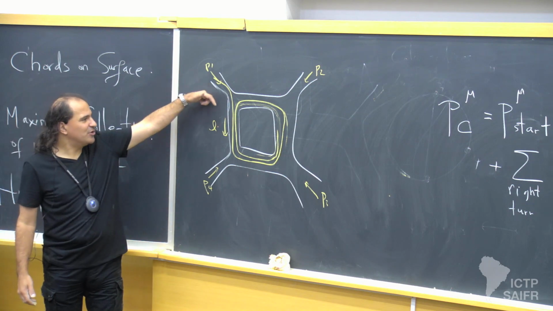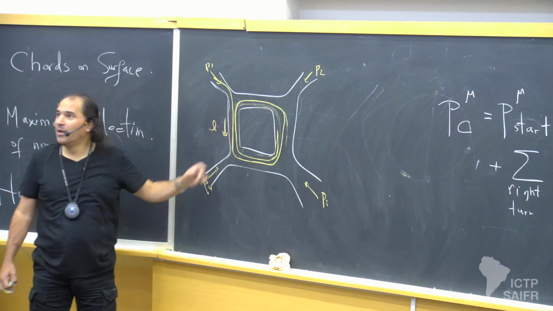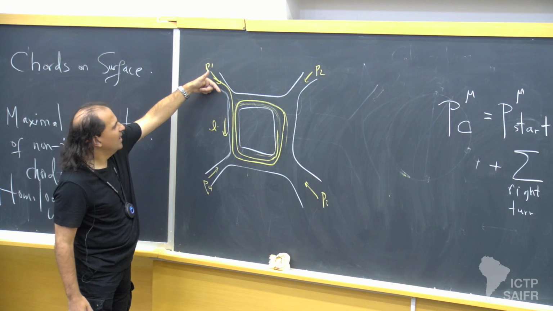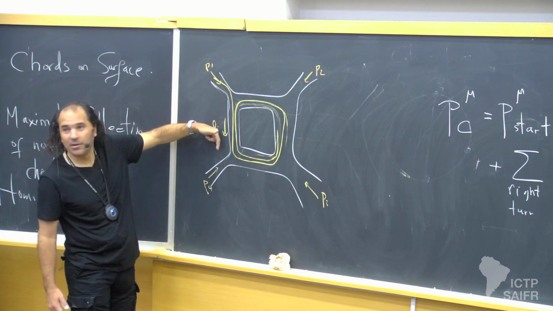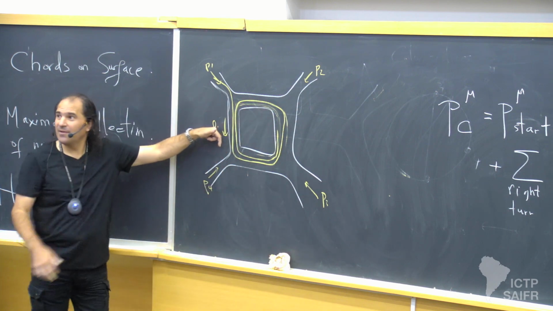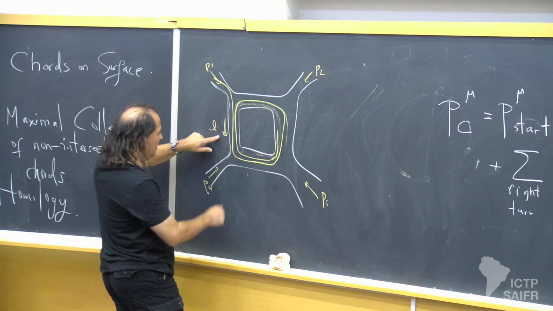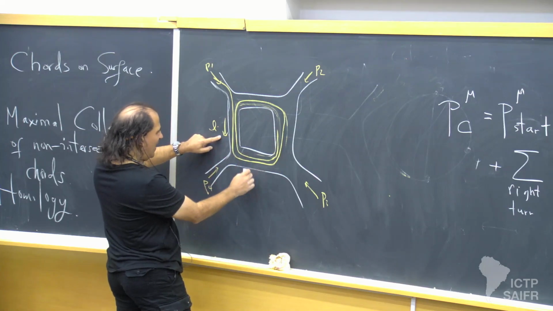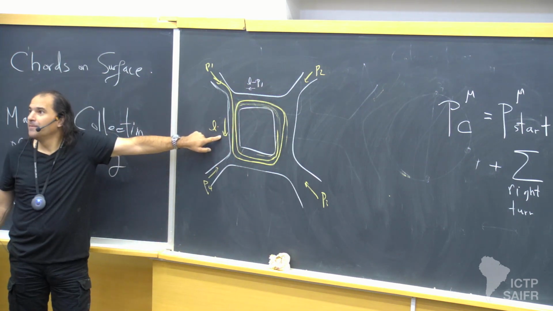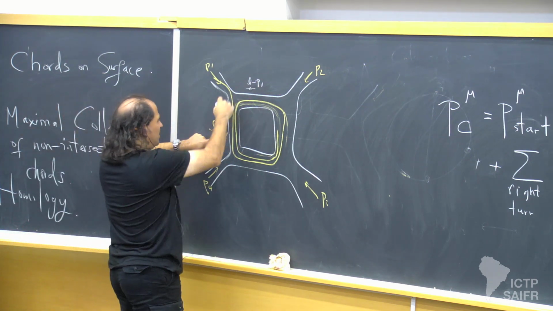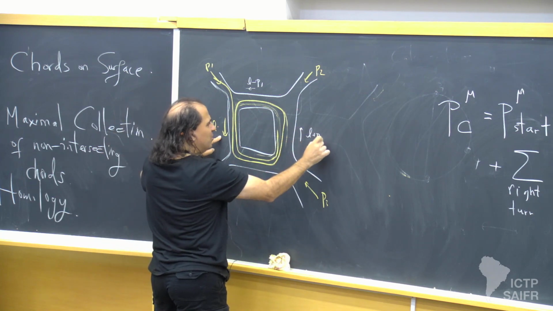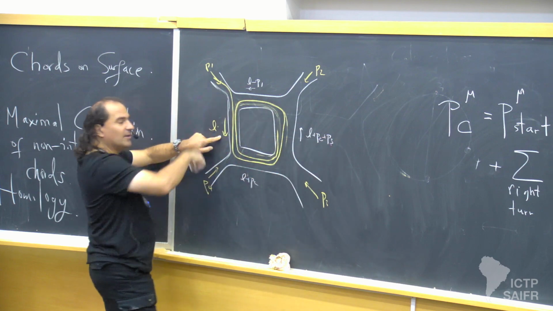You enter the picture, you just add. So for example, here I'd start with P1, and I'm making a right turn, so I'd have to add the momentum that's coming from my left. Who's coming from my left here? If this is L, then I have to track it around. So this is going to be L minus P1. So I just keep on going, L minus P1, L plus P2, the usual thing, L plus P2 plus P3, say, going around like this, okay?